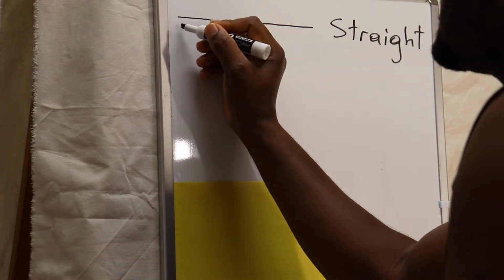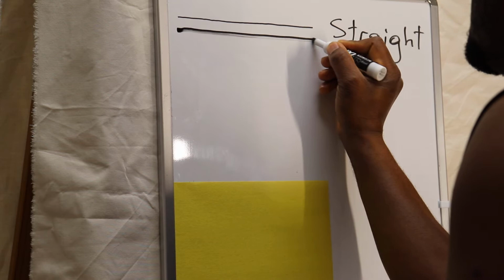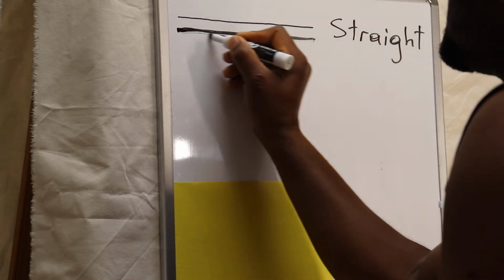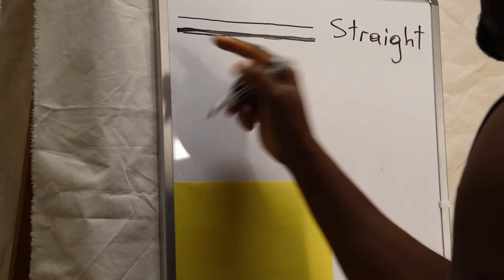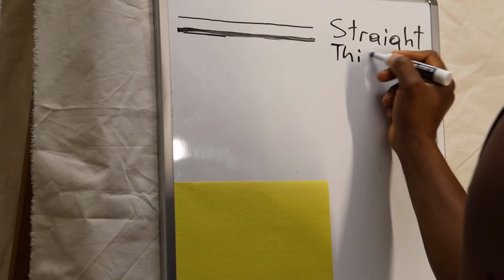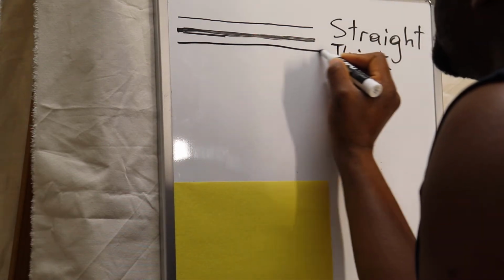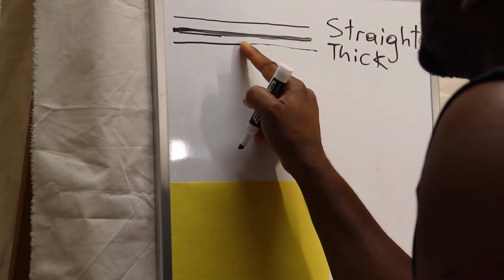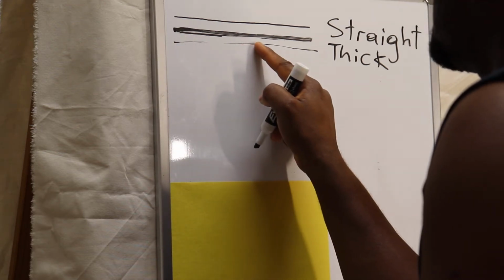Alright, so we have a straight line right there, we have a thick line, we describe this one a thick line right there, and we could have a very thin line right there, which is the opposite of the thick line.